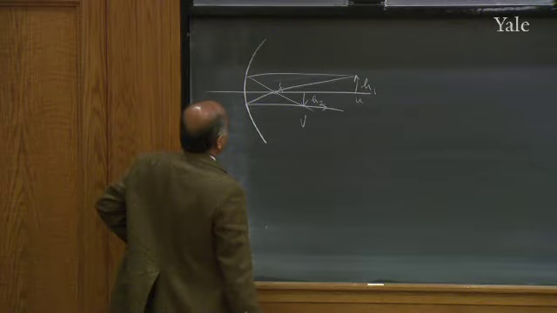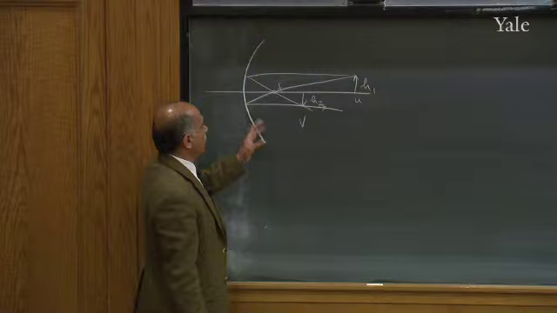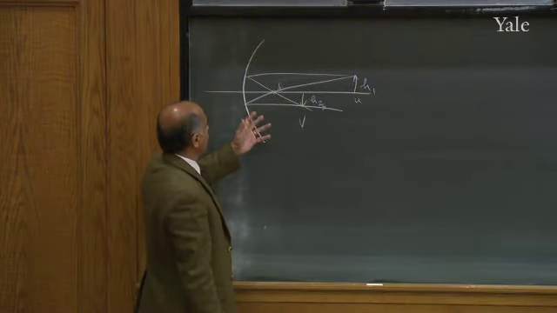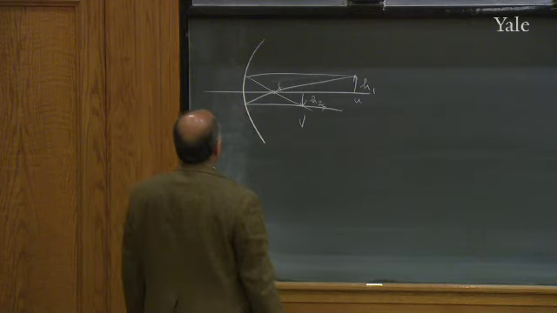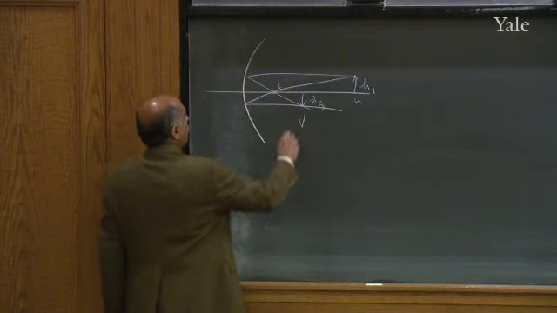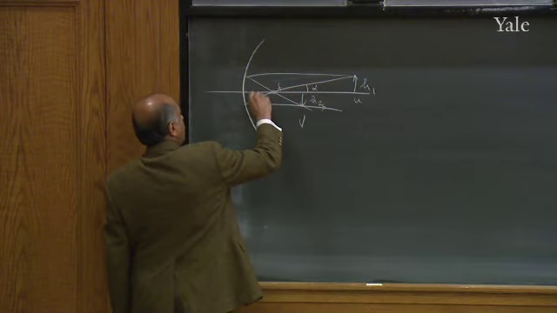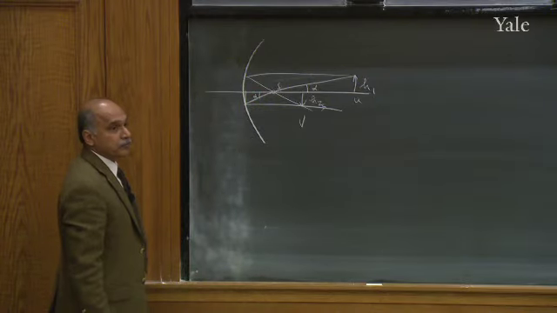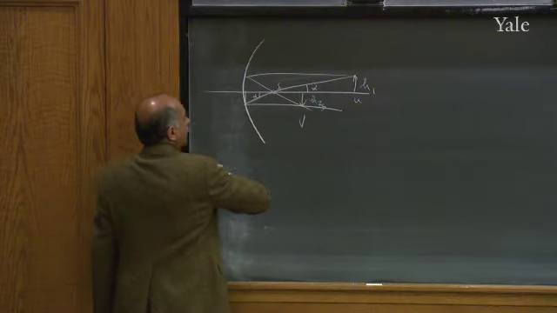So I'm now going to use ideas of geometrical optics, having shown you enough times that least time and geometrical optics are equal, to find the usual relation between u, v, and f. So how do we do that? We say, take that triangle with angle alpha, and that with angle alpha, and draw a triangle like this here. Then you equate the tangent of this angle to the tangent of that angle.